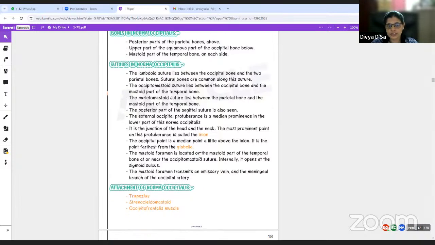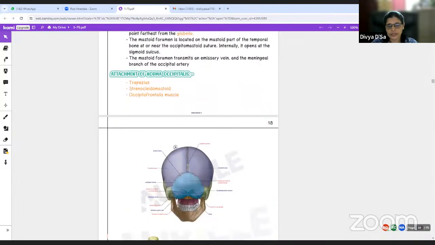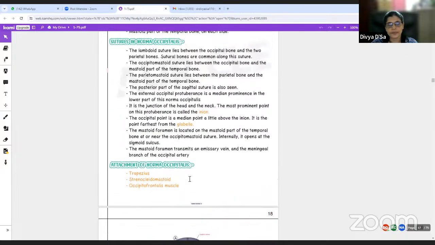The parieto-mastoid suture is present between the parietal bone and the mastoid. Here, this is the occipitomastoid, and this is the parieto-mastoid. And the mastoid foramen is also seen.